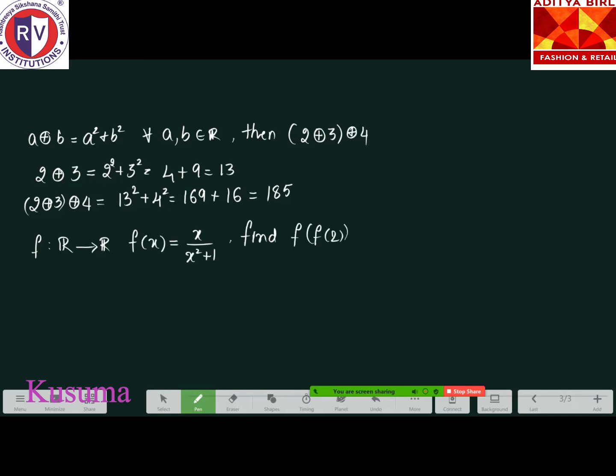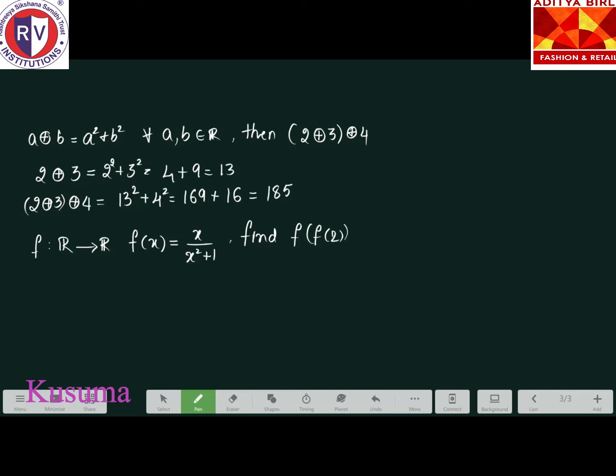The options given are option A is 10 by 29, option B is 29, option C is 1 by 29, and option D is 29 by 10.